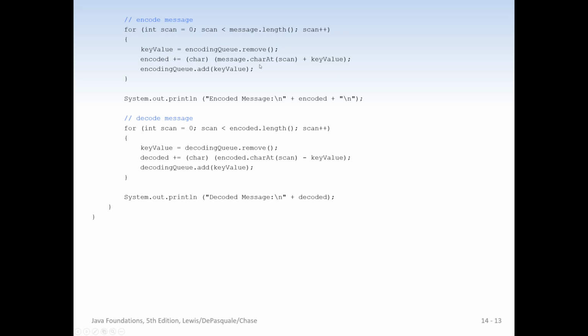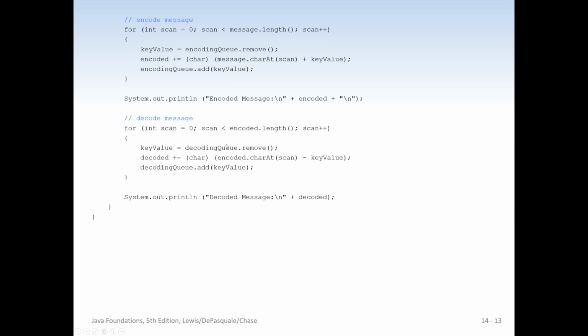If you remember, characters have ASCII values, so it's a number. Characters are numbers, we just add to them, plus or minus. After we finish encoding that character, we're going to add that key value back to the end of the queue. So we pull it off the front, we use it, we stick it on the back. Then we're going to have the encoded message.